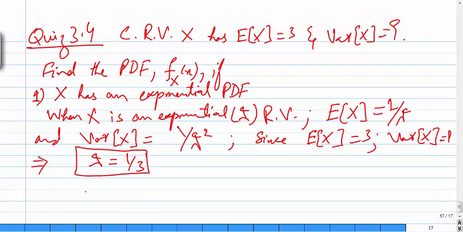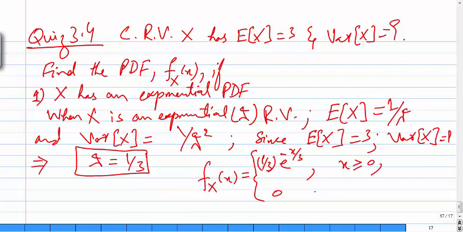Now we plug in the values into the exponential PDF: 1 by 3 times e to the power minus x by 3, for x greater than or equal to 0, and 0 otherwise. So this is the first part.